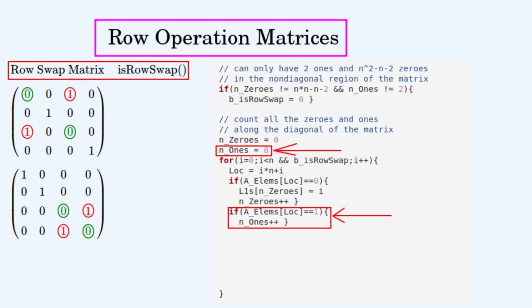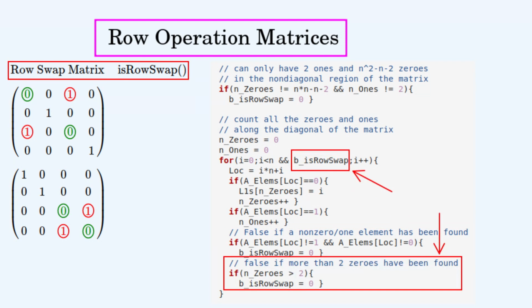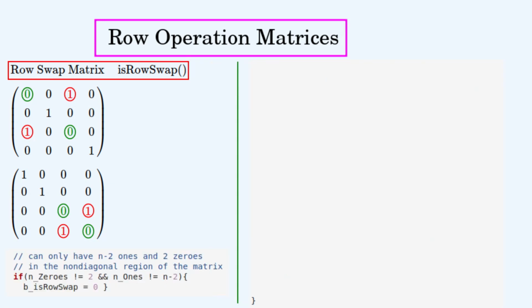We'll count up the number of ones in this region using these lines of code. We'll return false if a non-zero or 1 element like 2 or 3 has been found in the diagonal. And we'll return false and leave the loop early if more than 2 zeros have been found in this loop. If the number of zeros and ones in the diagonal aren't equal to these numbers, then we'll return false.